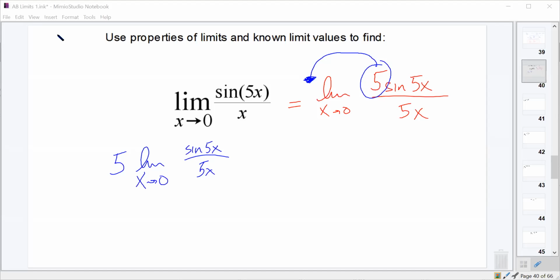No, unfortunately, that doesn't work because we don't really have an addition going on in here. You could try the division one, but the division one only works if the denominator limit is not 0, and it is 0. So that wouldn't work.